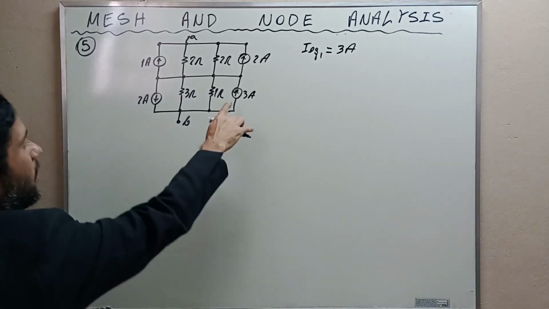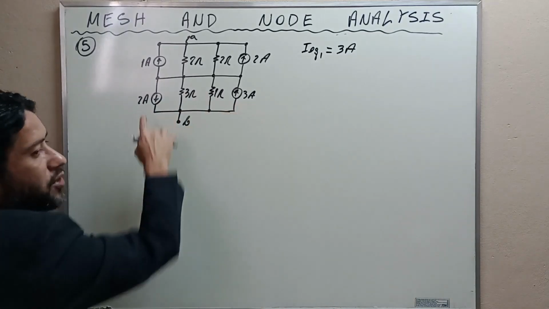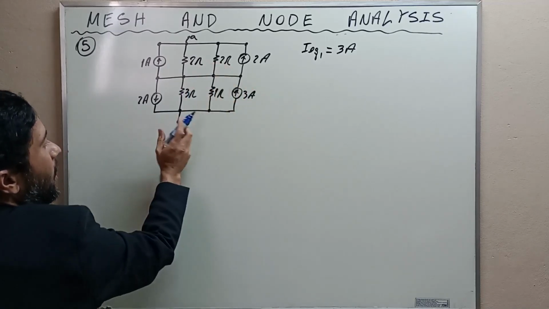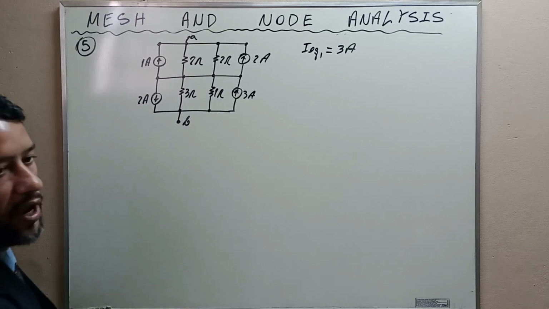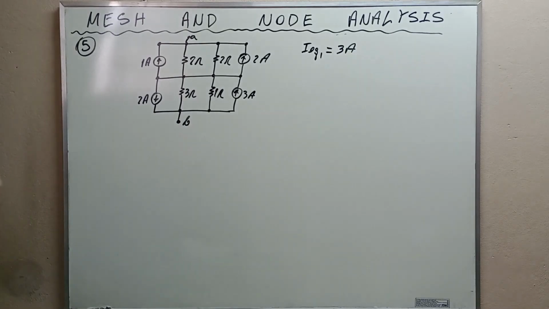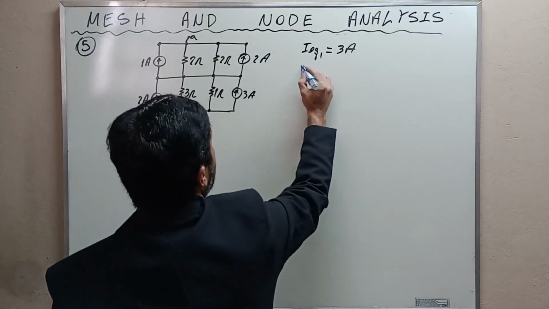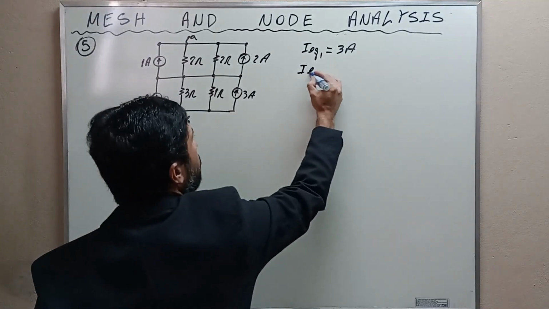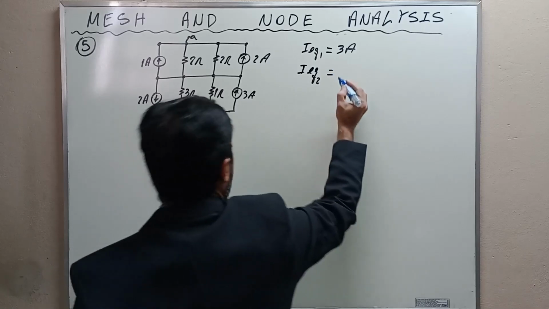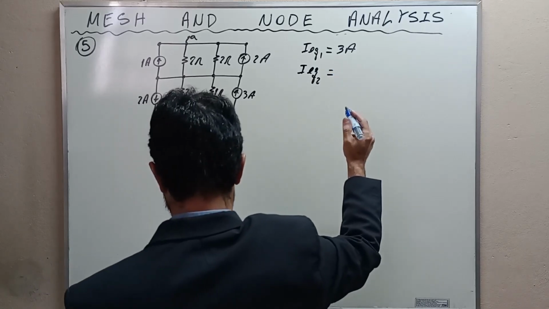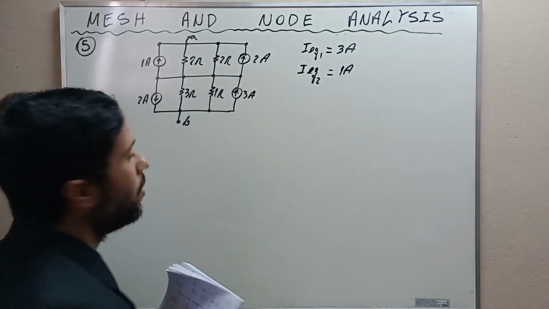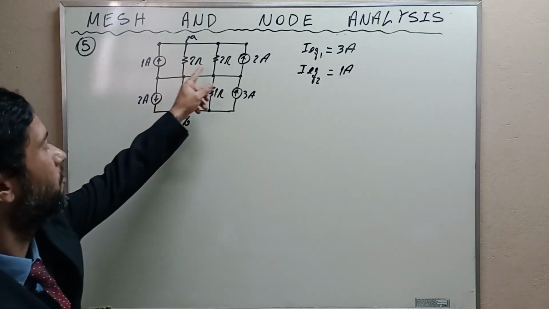And observe that these current sources are subtractive because they inject current at different terminals. Okay, so the equivalent current source number 2 is equal to 1 amp. And how about the resistances? This and this.